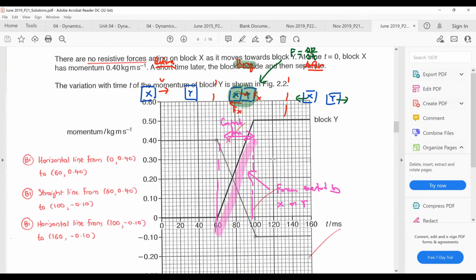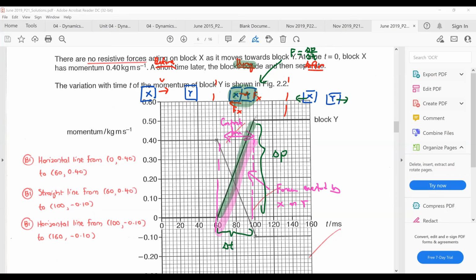The change in momentum is this part here. This one is your change in momentum. This one is your change in time.